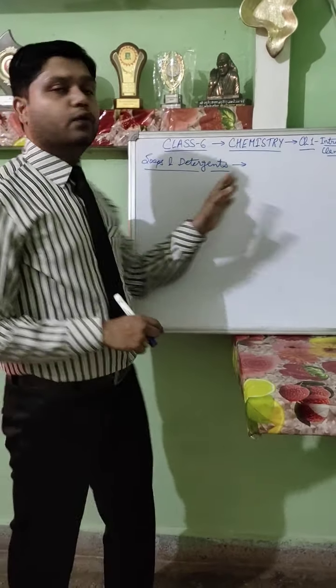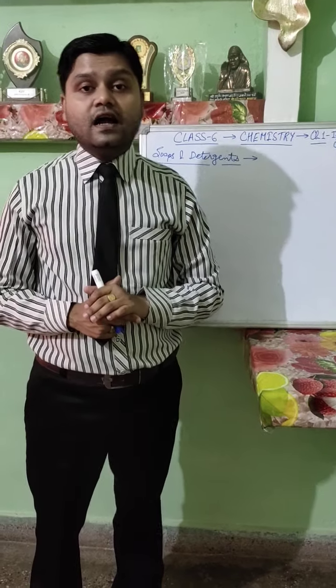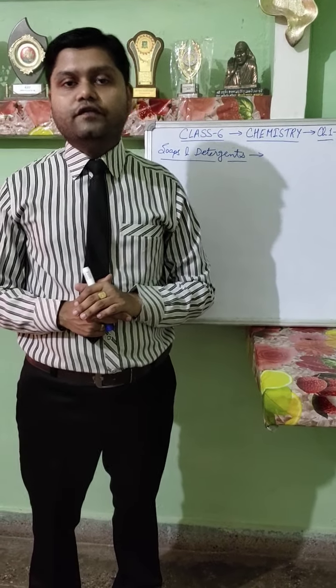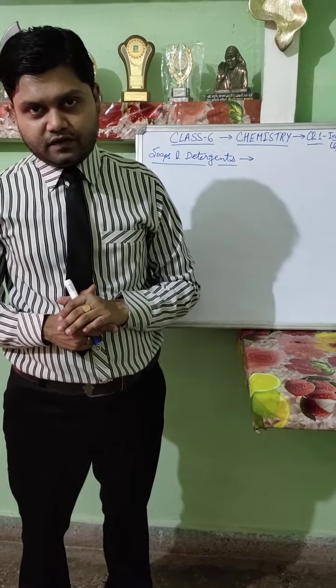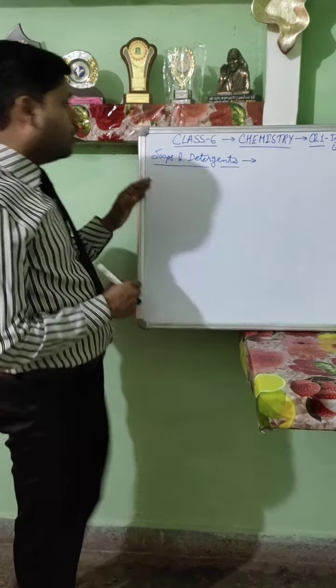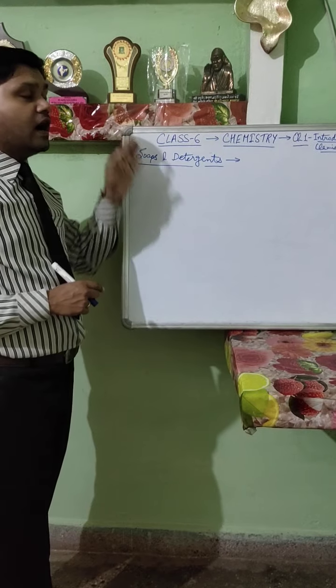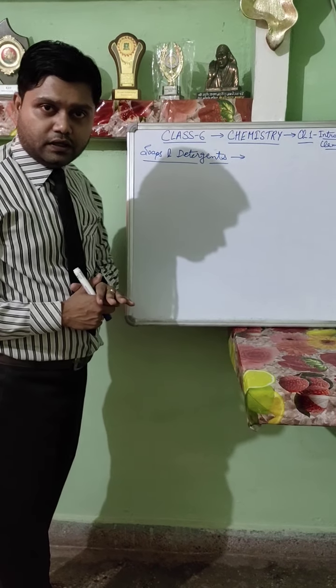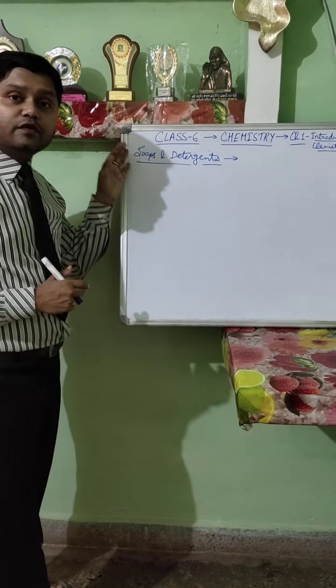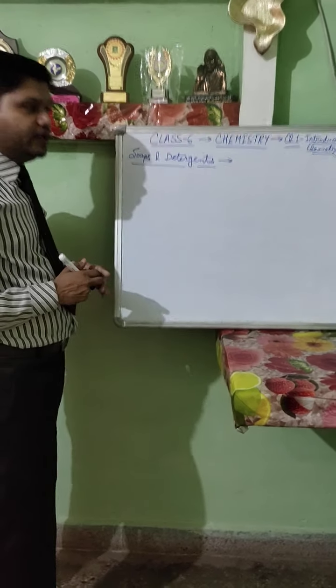We all know that we are using soaps and detergents in our houses for cleaning and washing purposes. So what actually are soaps? Soaps are also a part of chemistry, therefore they are a type of chemical and we study them in chemistry.